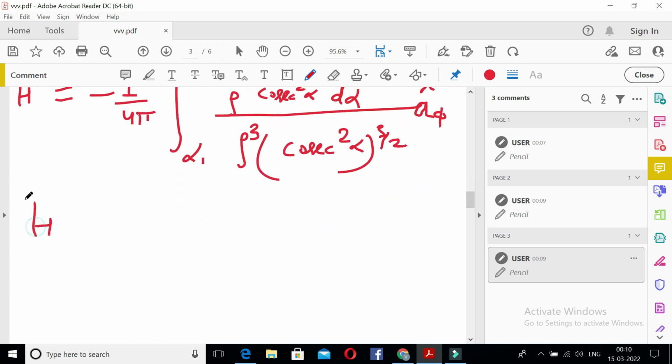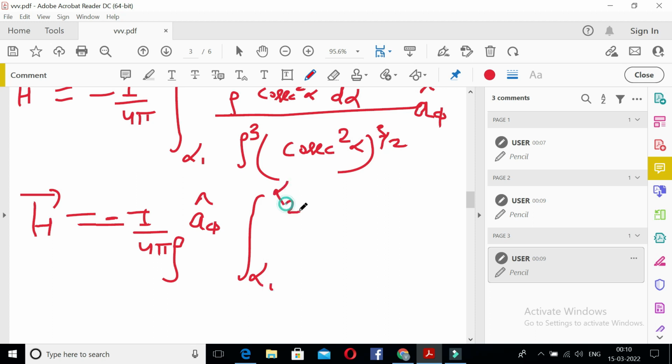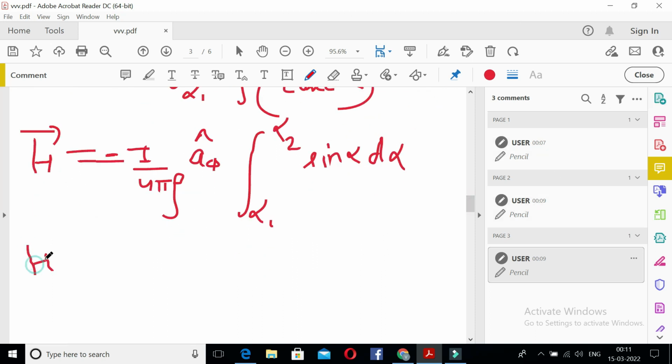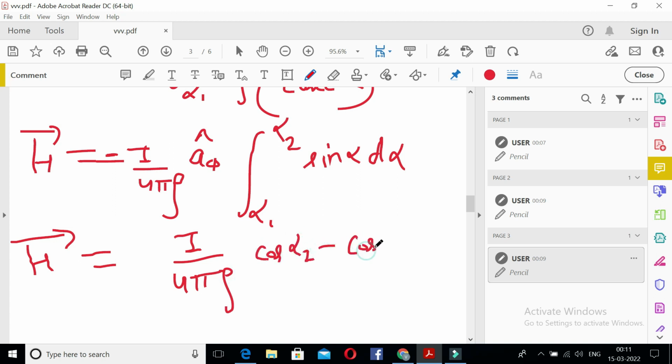Now H vector becomes minus I upon 4 pi rho a phi cap, integral from alpha 1 to alpha 2 of sin alpha d alpha. Now it becomes H vector is equal to I upon 4 pi rho into cos alpha 2 minus cos alpha 1 into a phi cap.